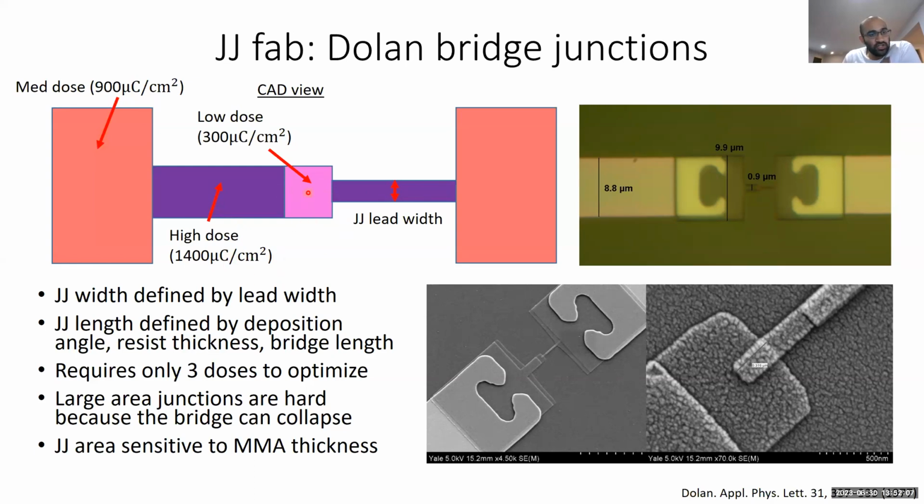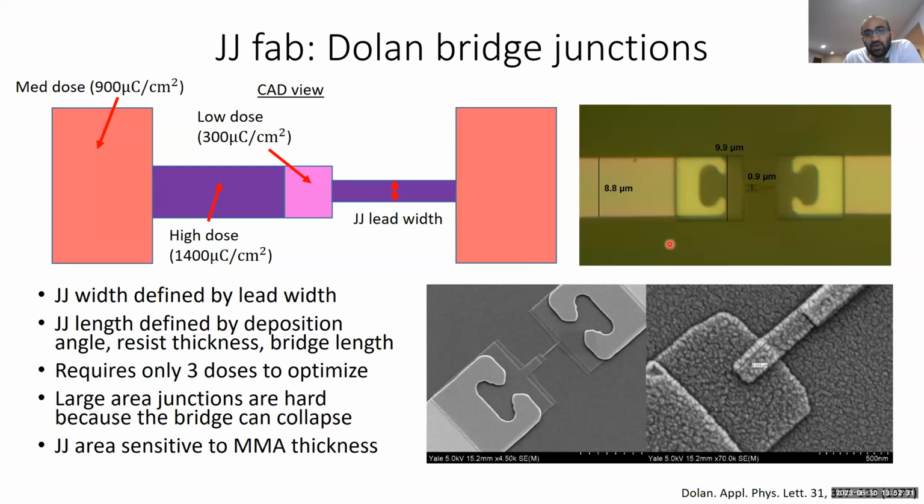And then you'll have your bridge that you dose with a very low dose, around 300. These numbers are going to be very dependent on the type of substrate, the thickness of resist that you use, and also if you use an anti-charging layer or not, which I'll go into in a few more slides.